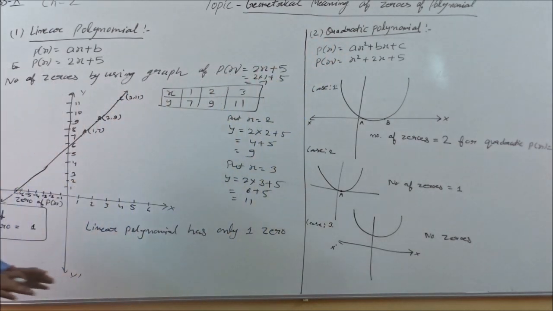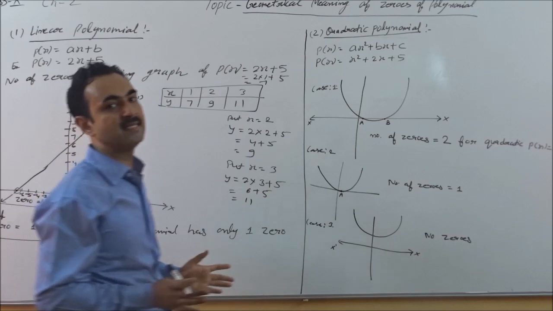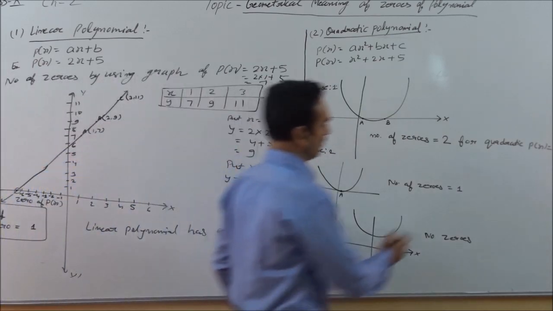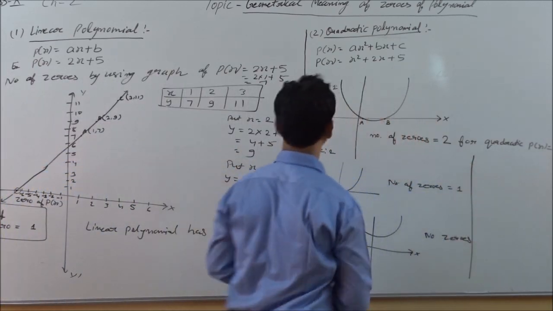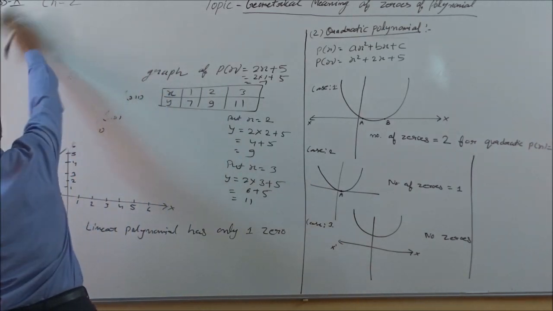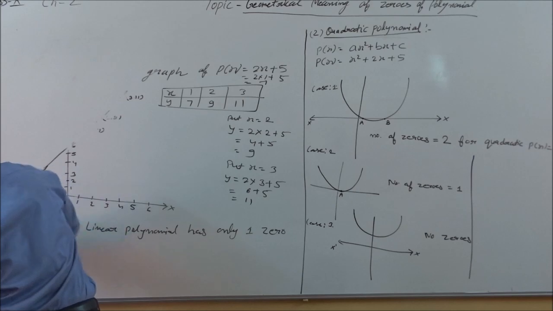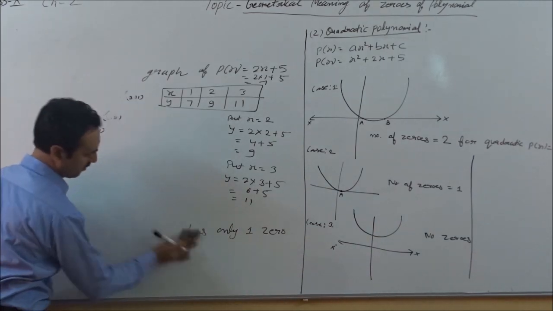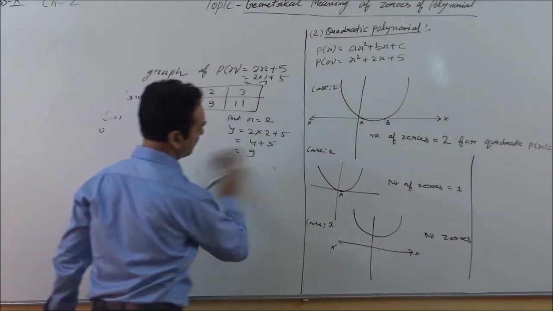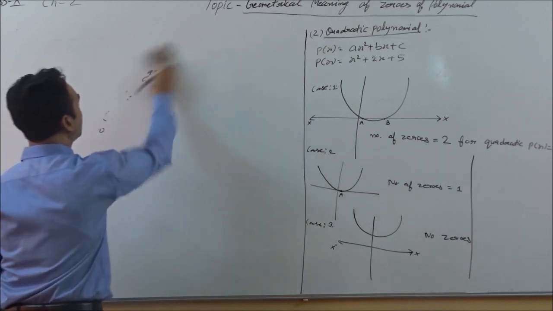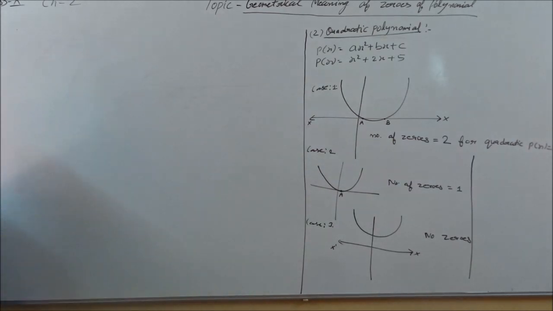Now we will see another example, another case, for a cubic polynomial. For a cubic polynomial, the degree of the polynomial is 3. So you will guess that it may be 3 at maximum. Actually the degree tells about the maximum number of zeros.